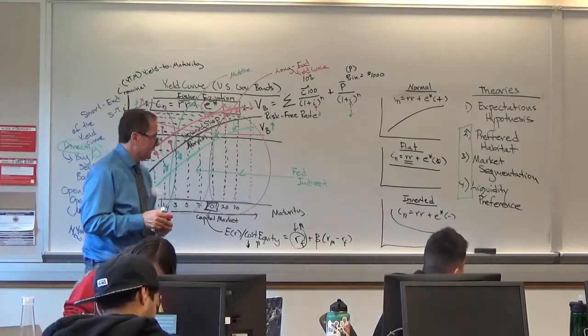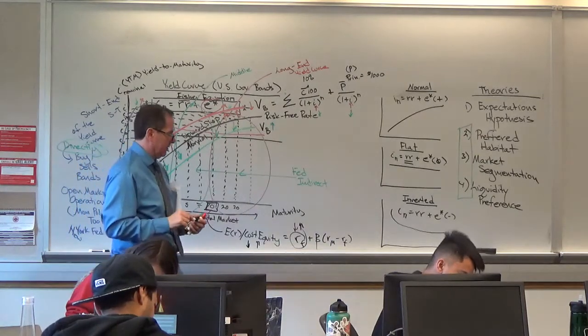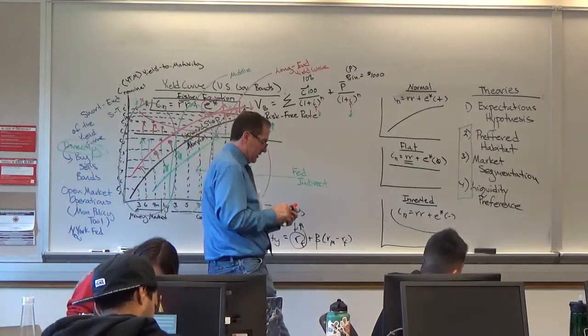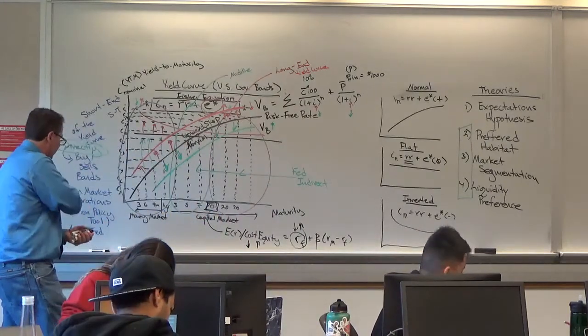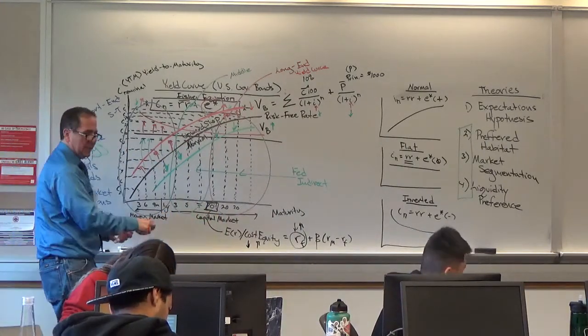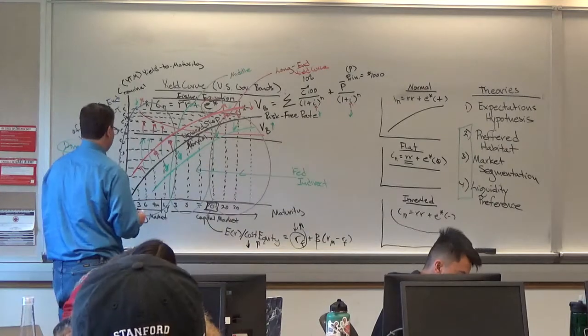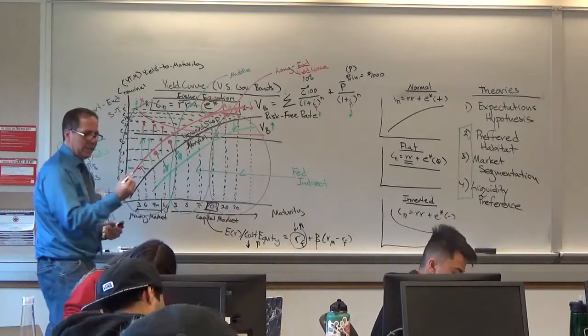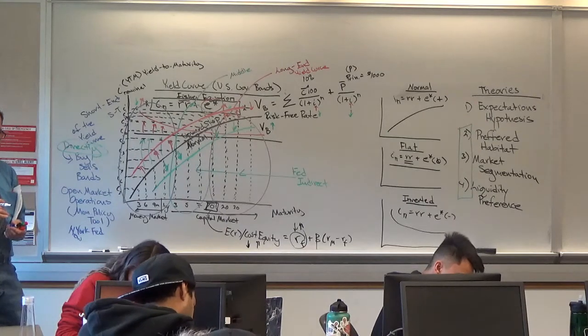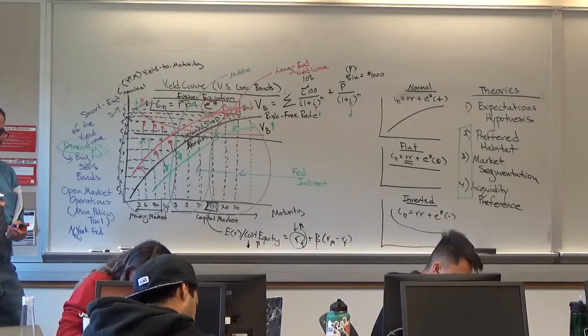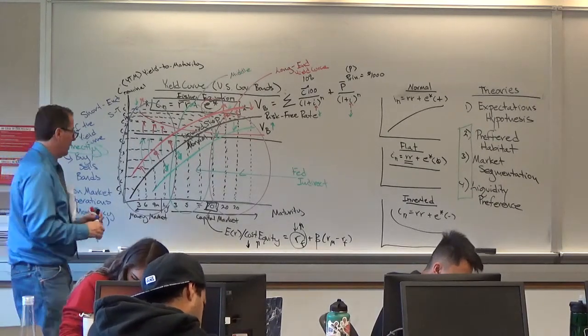Okay? Now the preferred habitat theory, market segmentation, and liquidity preference theory basically state that the bond market is segmented. And marketing people should understand this because you have market segmentation. You have stratification within your markets.